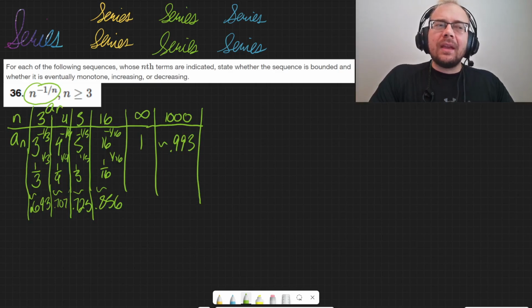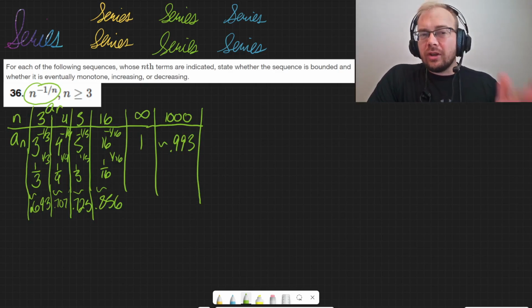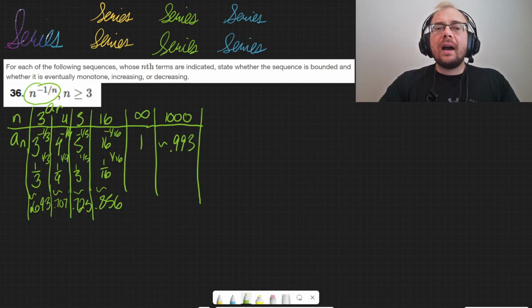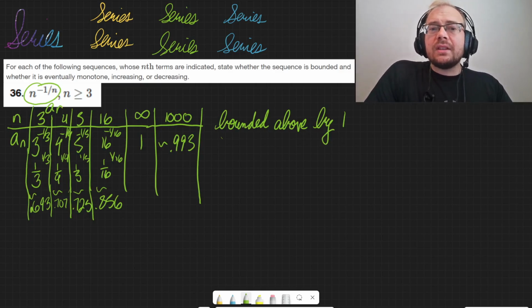I think that most textbooks would not, unless it's a definite thing, and it's not just because you're capping your interval at a certain place. We wouldn't say it's bounded that way. So I would say it's bounded above by 1. Bounded above by 1. So that it doesn't go above 1.